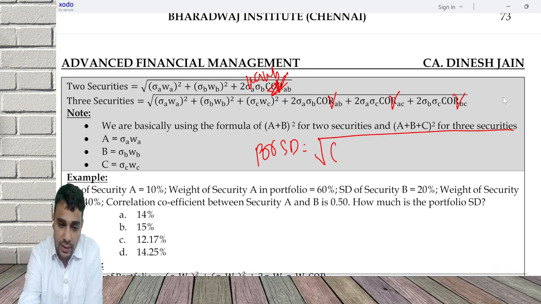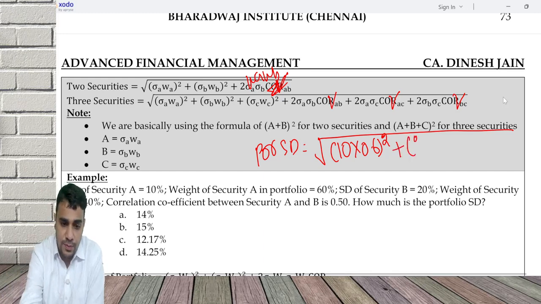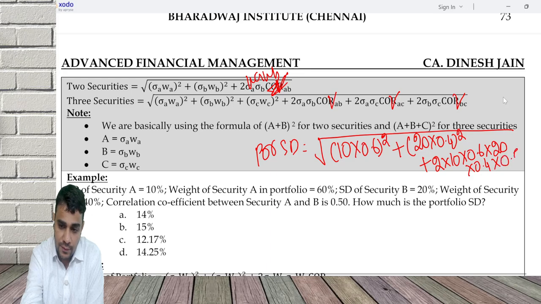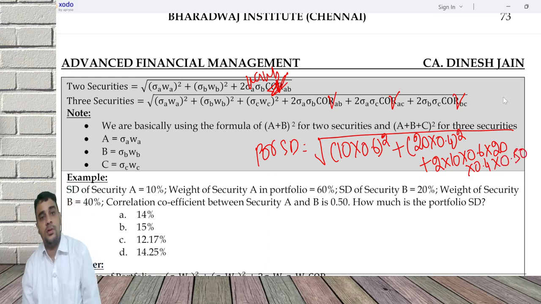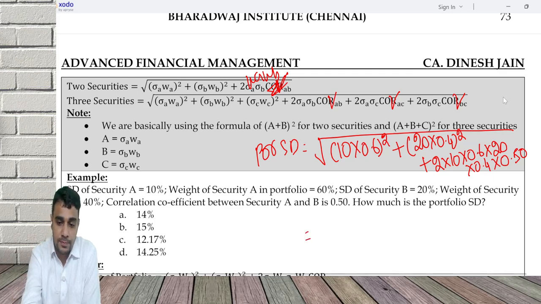Guys, write along with me. 10 into 0.6 square plus 20 into 0.4 square, plus 2 into 10 into 0.6 into 20 into 0.4 into 0.5. The correlation coefficient is 0.5. Do the calculation.